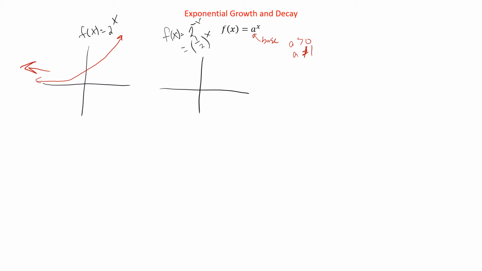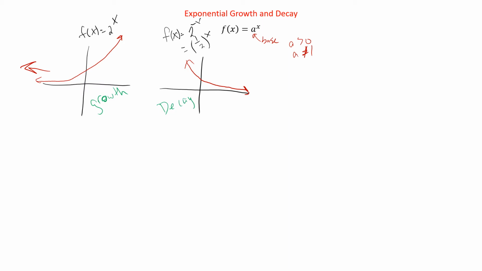That horizontal reflection makes the asymptote go to the positive infinity side. So generally speaking, this first one is called growth, and the second one is called decay.